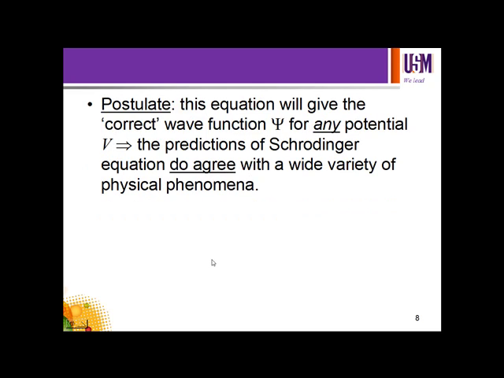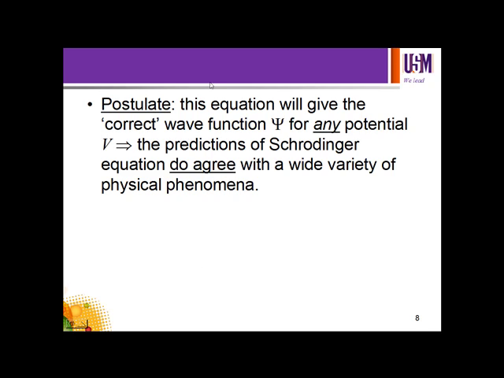Then Schrodinger had to put forth a postulate. Postulate means his idea, just like the Niels Bohr postulates and Planck postulate. A postulate is something that is put forth, which is difficult to prove, but it agrees well with experimental values.